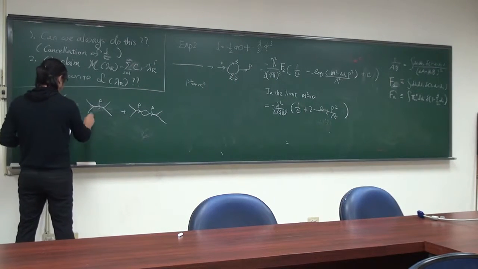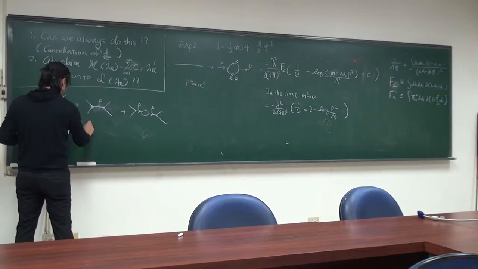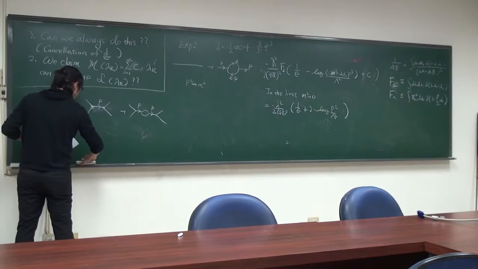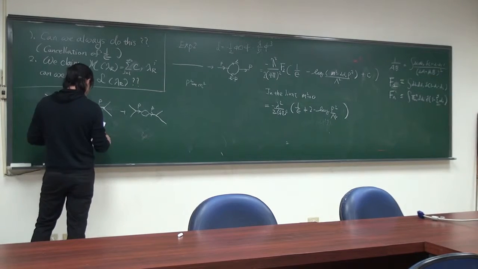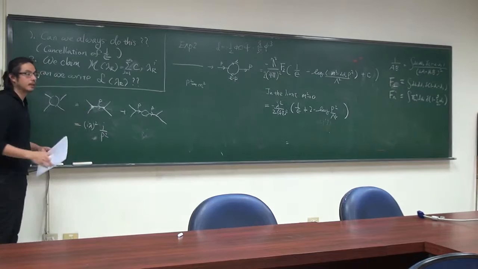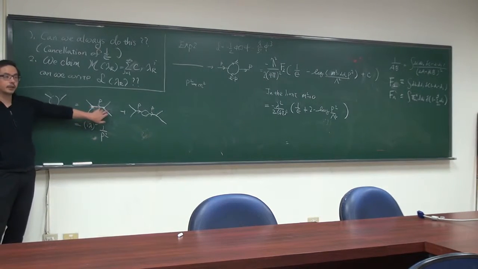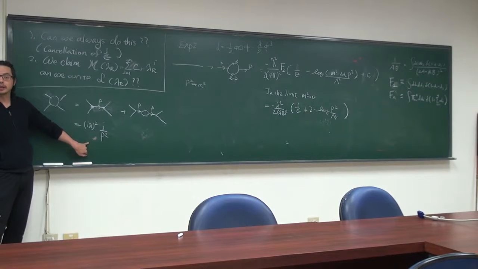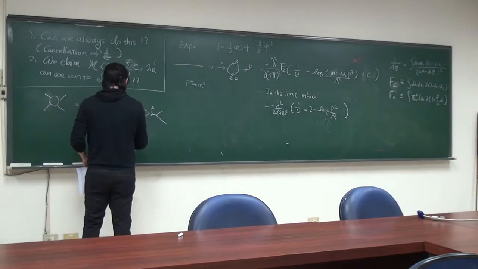For this diagram, there are two interacting vertices, so the theory prediction gives I lambda squared times I over P squared. This is for this diagram. It's just the two interacting vertices plus the propagator, so very straightforward.